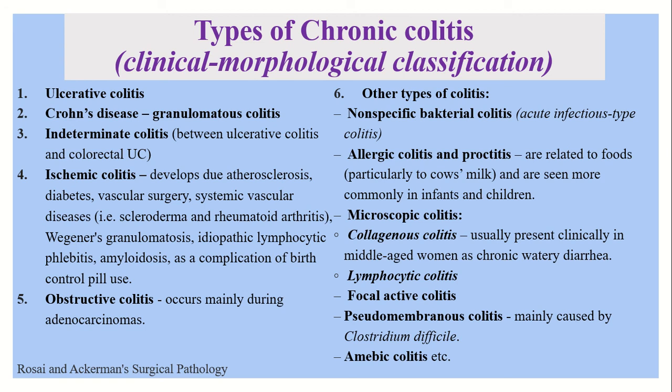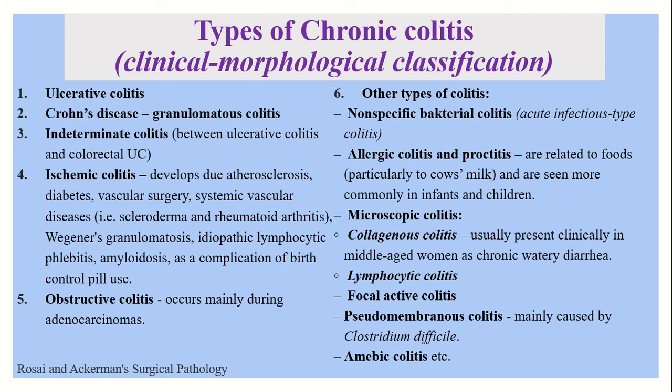Then ischemic colitis, which develops in arteriosclerosis, diabetes, vascular surgery, systemic vascular diseases such as scleroderma and rheumatoid arthritis, Wegener's granulomatosis, idiopathic lymphocytic phlebitis, amyloidosis, and as a complication of birth control pill use.